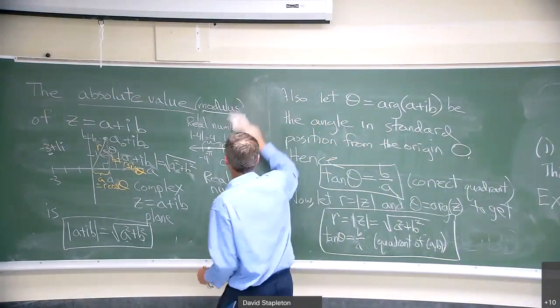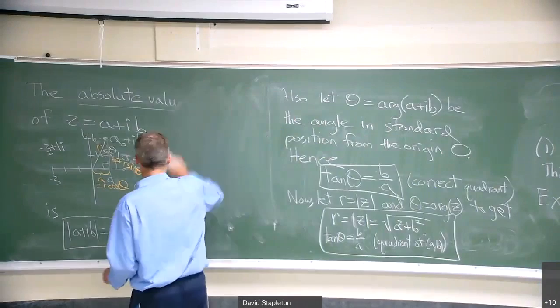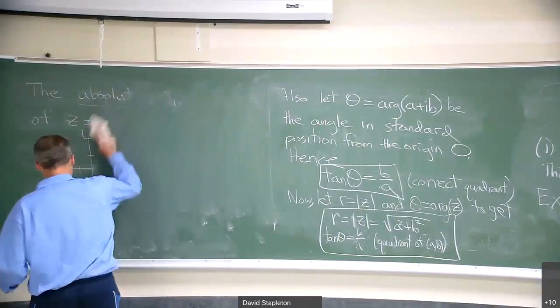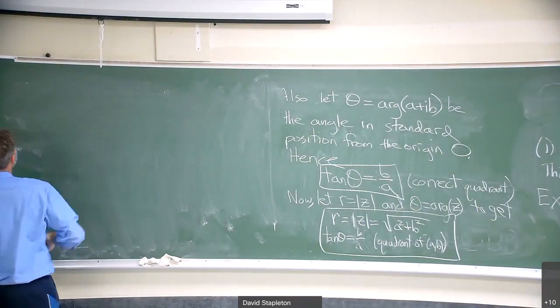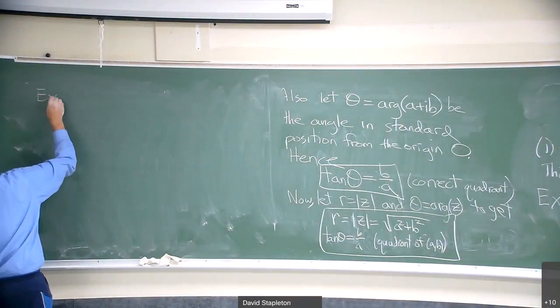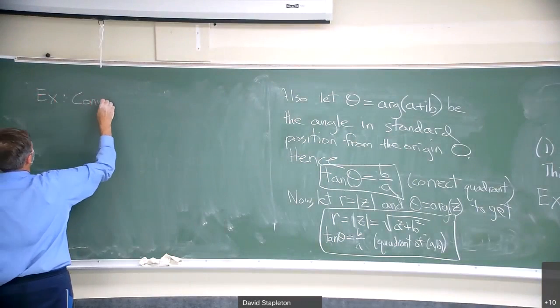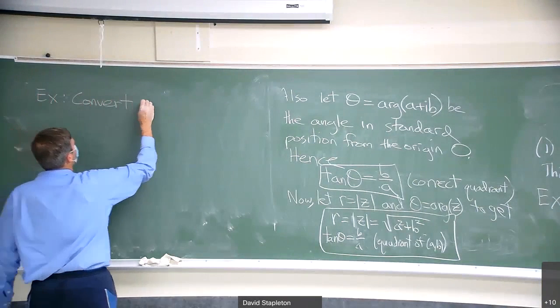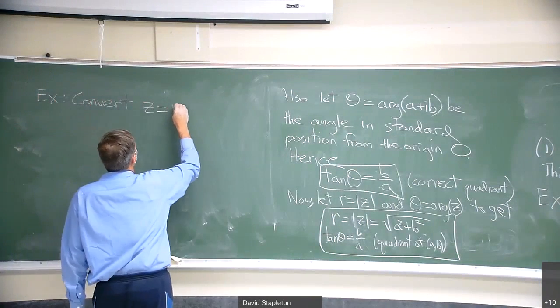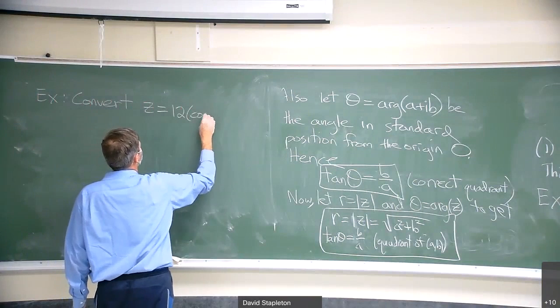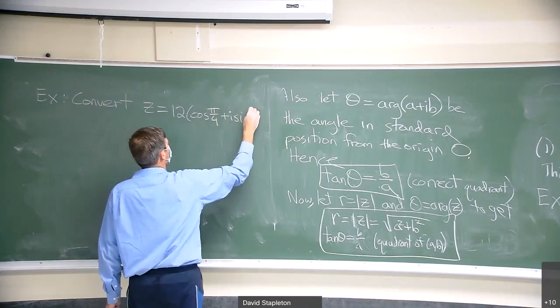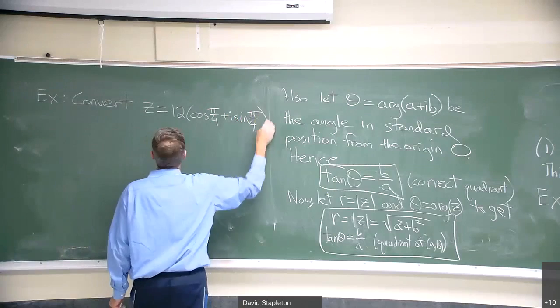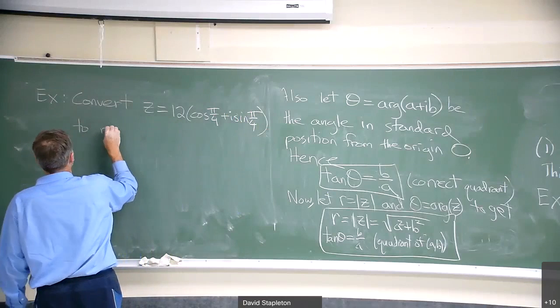Now, what if we need to convert it back the other way? Then we use our other equations, right? Suppose I said, convert the number in polar form 12 times cosine pi over 4 plus i sine pi over 4 to rectangular. Oh, this is easy.